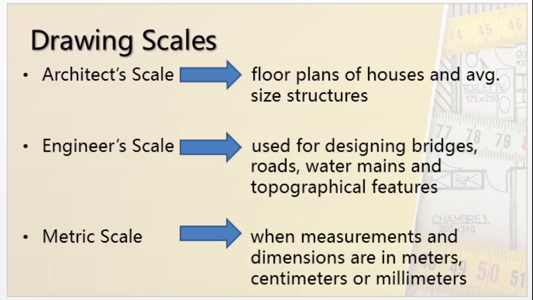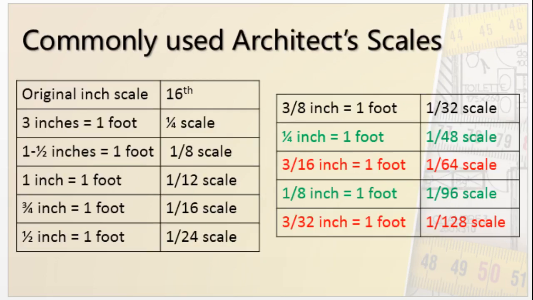Architect scale and engineer scale, obviously we use inch or feet in this case, and in metric scale we use meters, centimeters and millimeters. There are commonly used architect scales, where we can see the original inch scale called 16th.